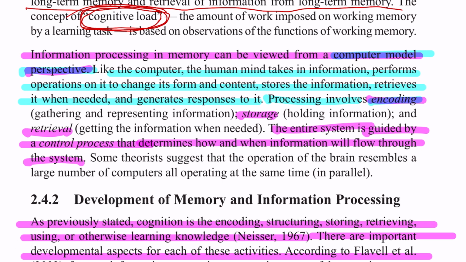Information processing in memory can be viewed as a computer model. It was thought that this model is like a computer, as जैसे computer हम information को store करता है, use करता है, similarly the human mind also does the same thing.